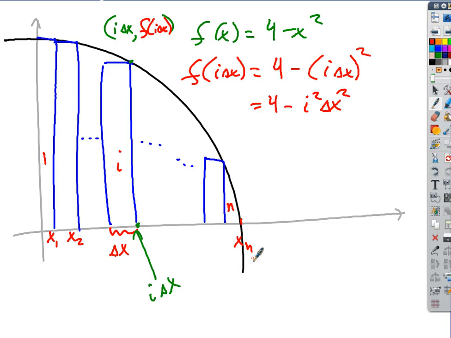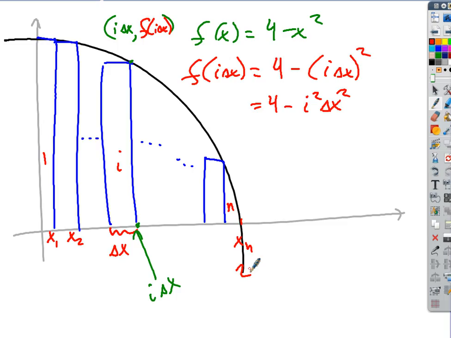In this case, the width of the whole interval is 2, right? We're going from x equals 0 out to x equals 2, where this function crosses the x-axis. So this is actually a value of 2. So what's my delta x going to be then? If I have n rectangles, how wide is each one?